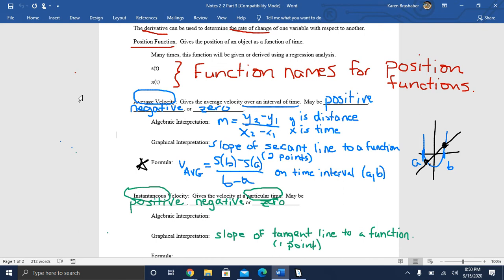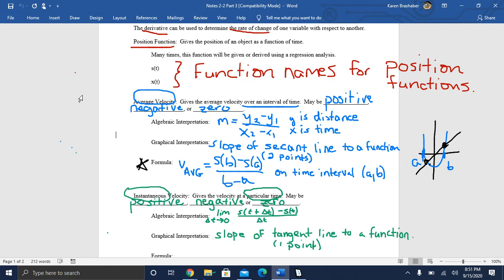Now, the algebraic interpretation of this is that you would be doing the limit as your change in time, so delta t, approaches 0. So the limit as your change in time approaches 0 of s of t plus delta t minus s of t, all over that change in time delta t.